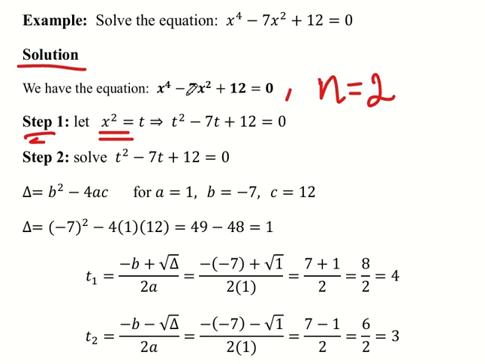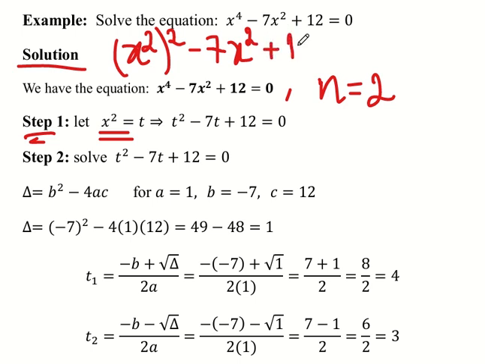This equation can be written as x squared, power 2, minus 7x squared plus 12 equals 0. Now, if x squared equals t, then this will be t squared, because x squared equals t.